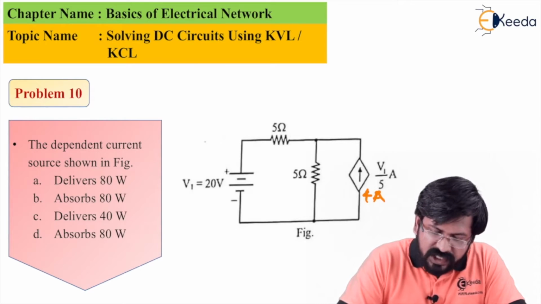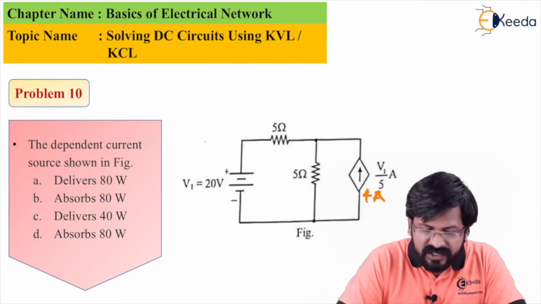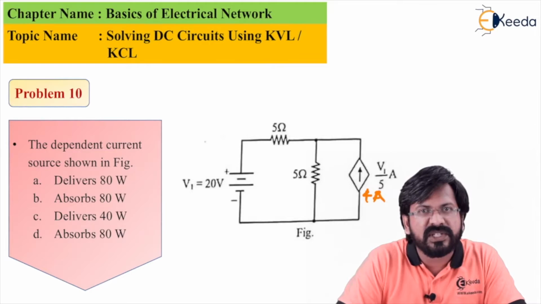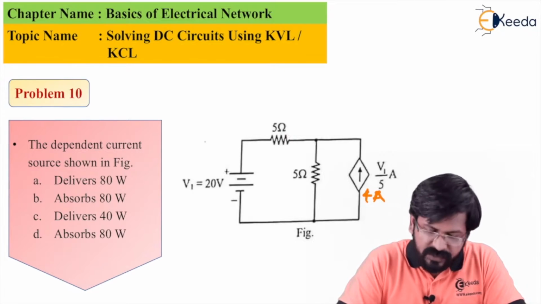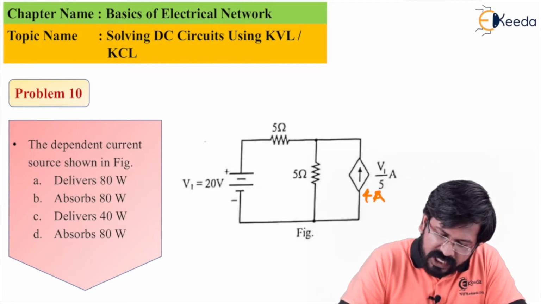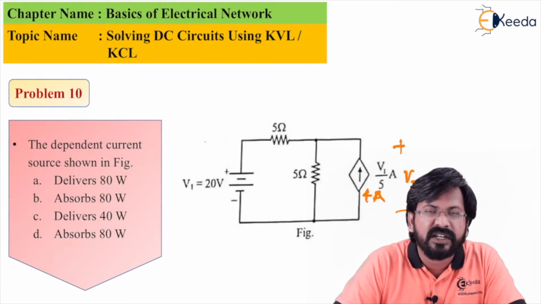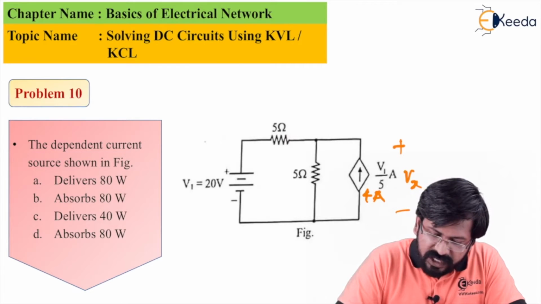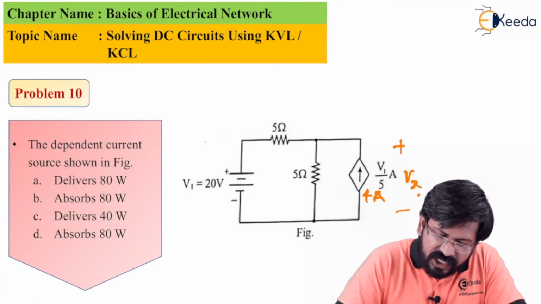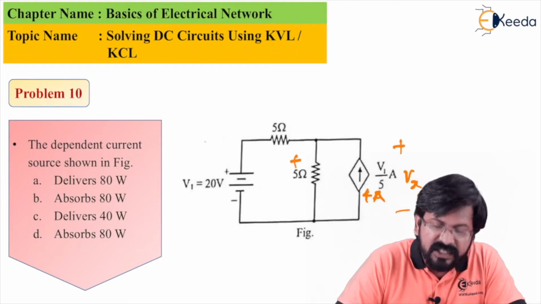Now we'll try to figure out what the voltage across this is. Because even though the current source has a magnitude of 4 ampere, the voltage across it should also be known. So try to get the voltage across this, which is plus minus, let's say Vx. We know that the voltage across a parallel circuit is the same. So if I claim this is Vx, then the voltage across 5 is also plus minus Vx.